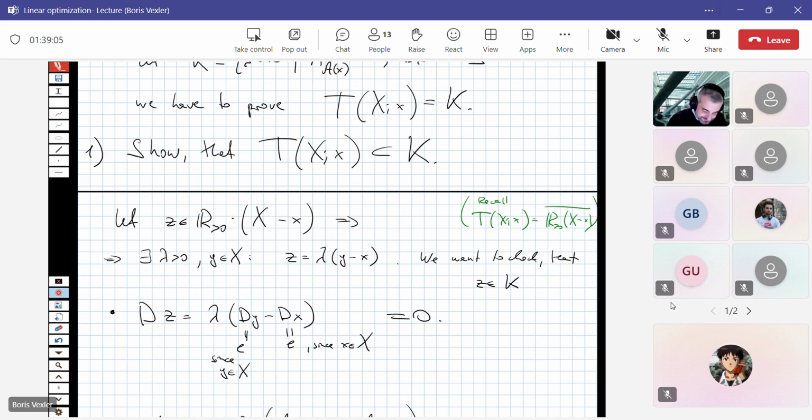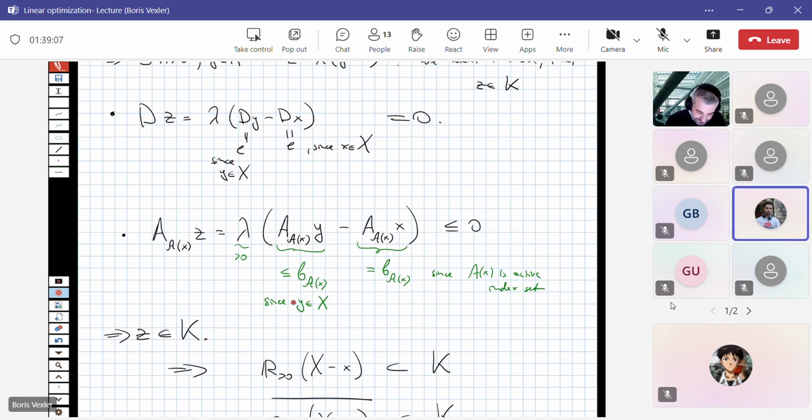So the difference is at most 0, right? The difference is less or equal than 0. And if you multiply it by a positive number, it is of course still less or equal than 0. Since both conditions are fulfilled, z is an element of K. Is that the conclusion?